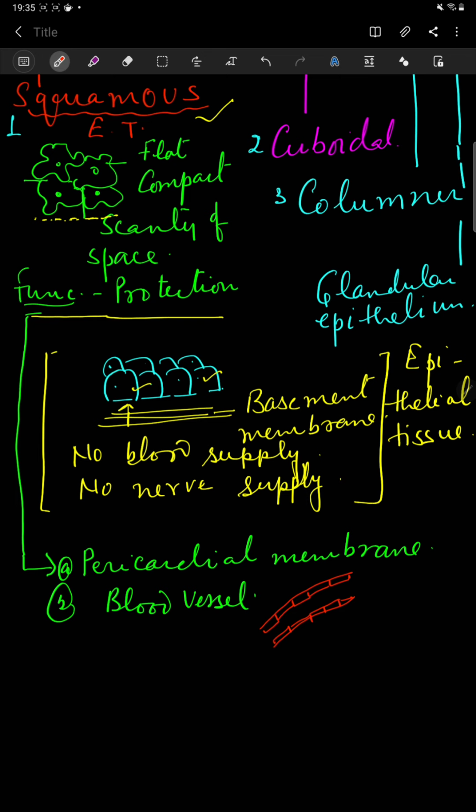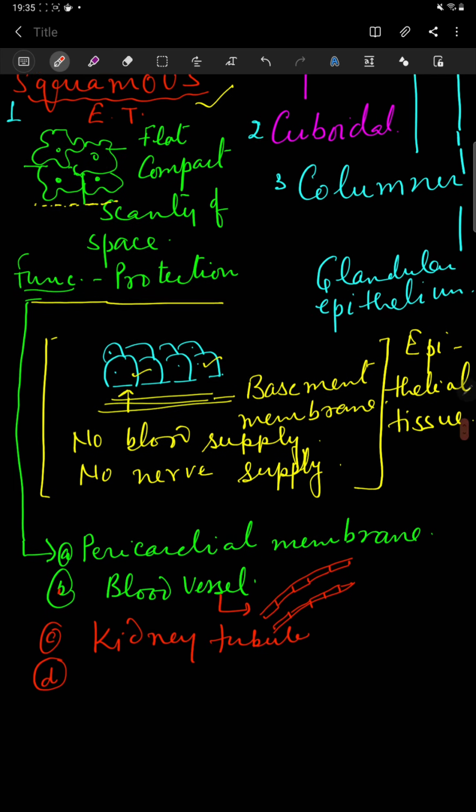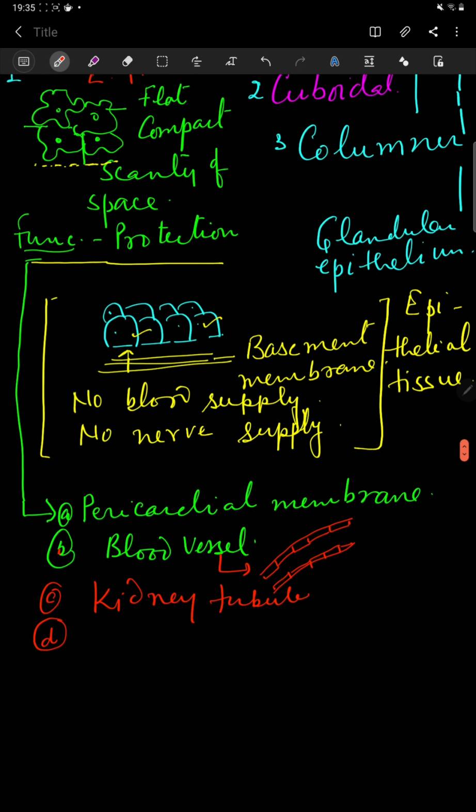Then it is there in the kidney tubules also. This word is a little bit tough for class time. Kidney tubule, T-U-B-U-L-E. I have made the blood vessel. The kidney tubule also has squamous epithelium, and the next part, D, it is there in the lungs also.